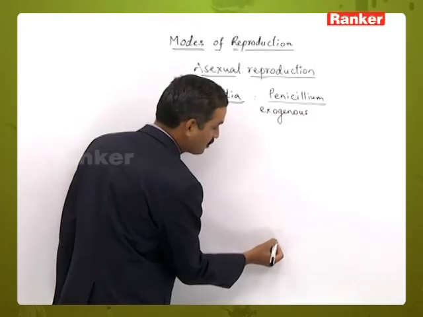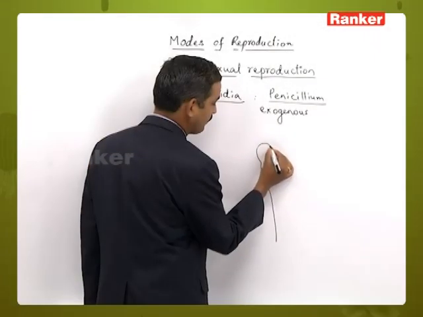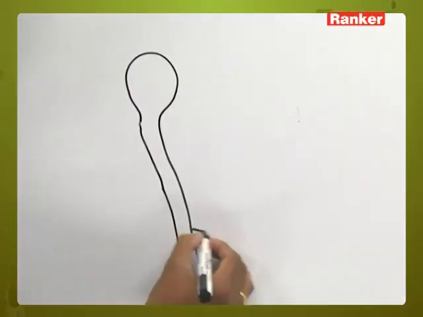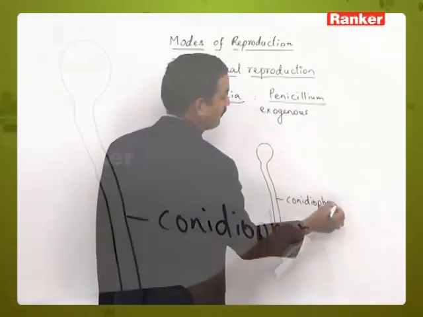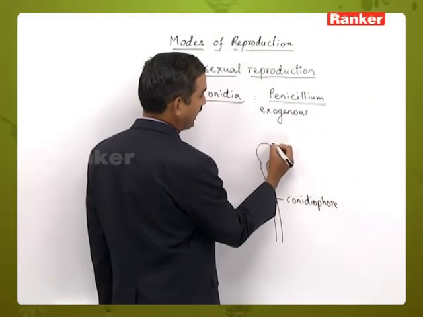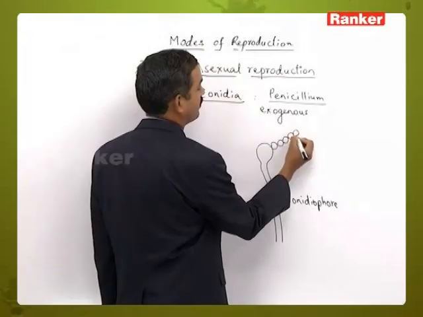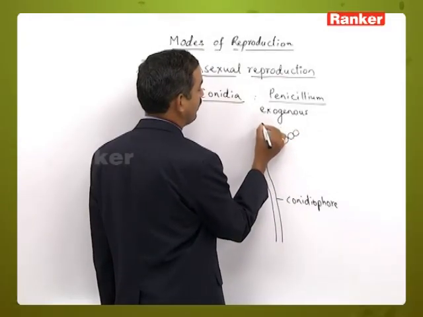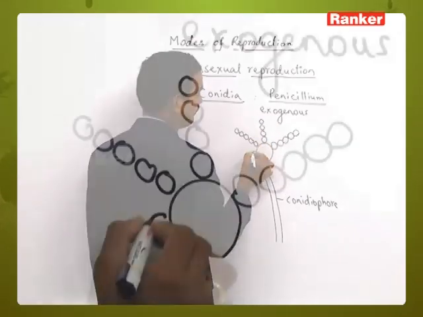And here they have the stalk-like structure called as conidiophore. This is the conidiophore. On the conidiophore, we can see the formation of conidia like this, which are formed outside. So we call the conidia as exogenous in their nature.